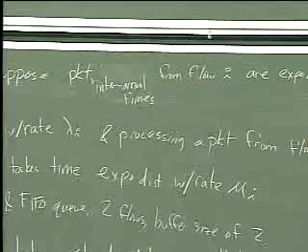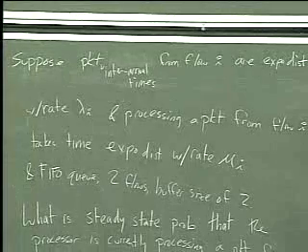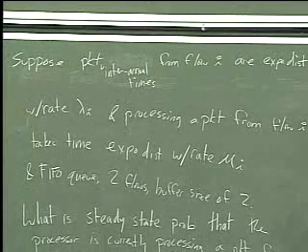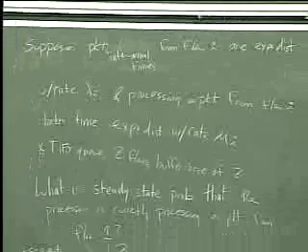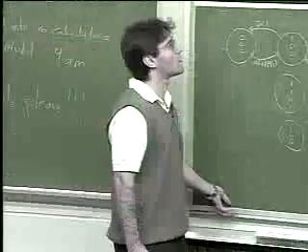One way to get the answer is to model it as a Markov model. I would draw these states and these transitions, and instead of putting these labels on like that, I could put on the rates.